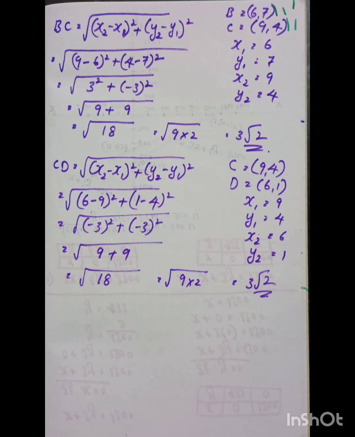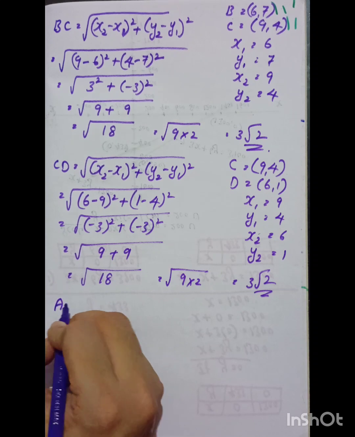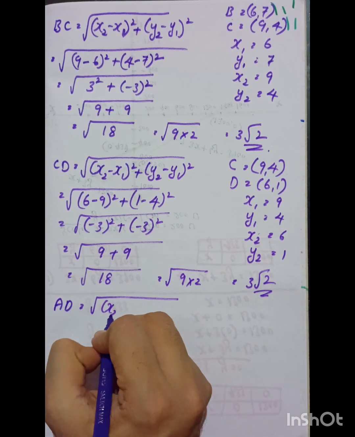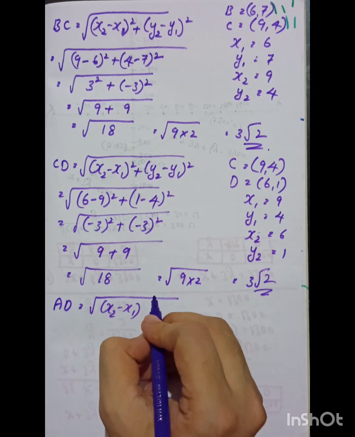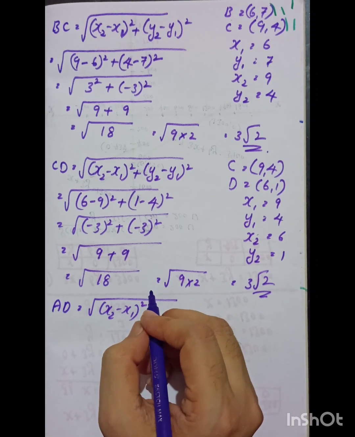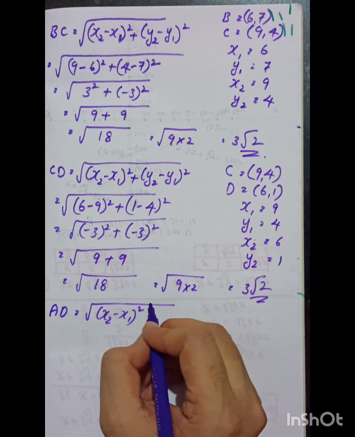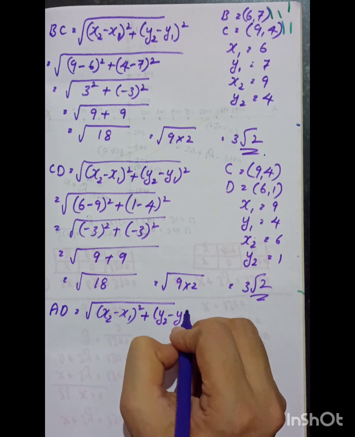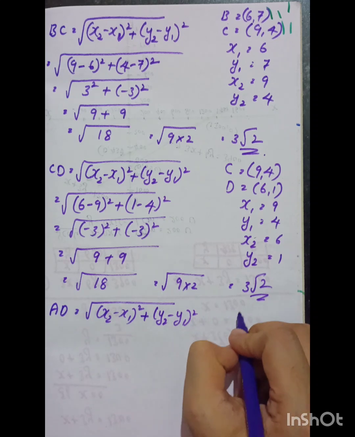What remains last is AD. x2 minus x1 whole square plus y2 minus y1 whole square.